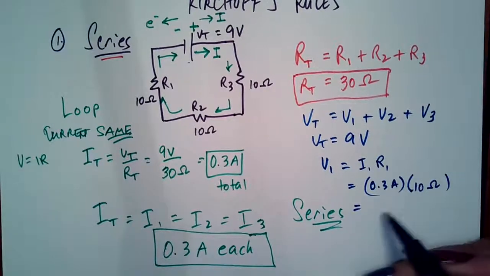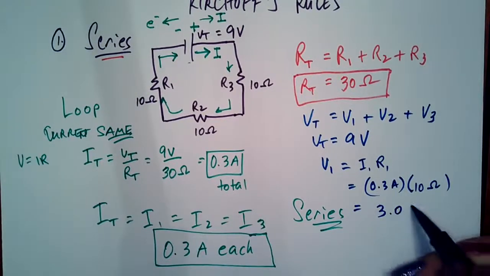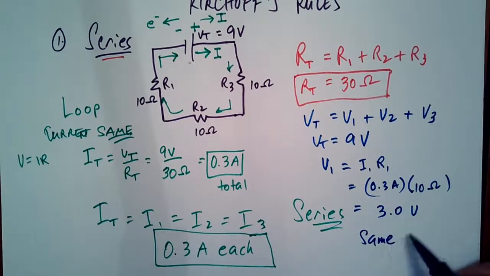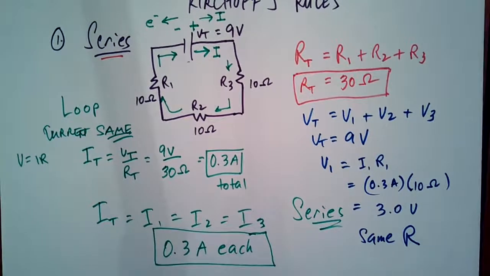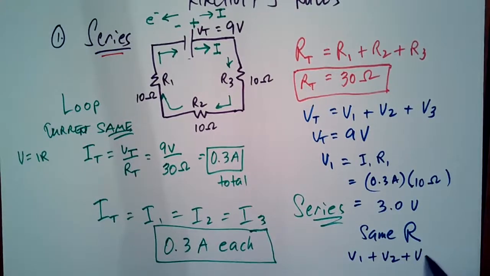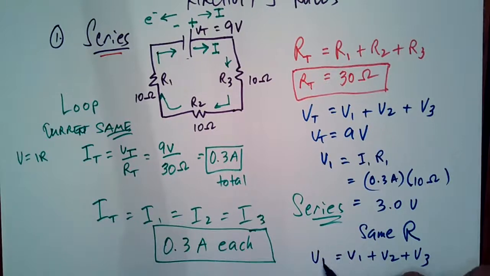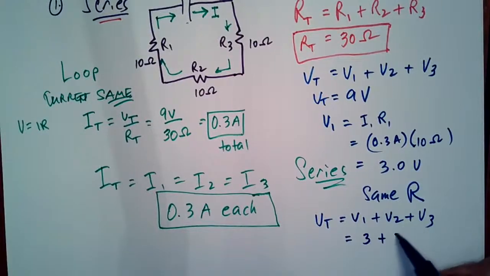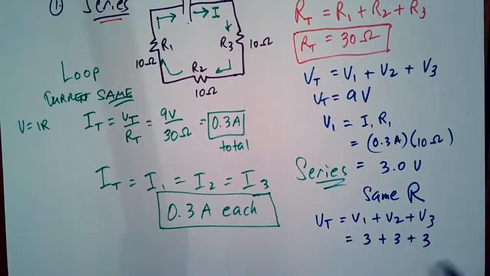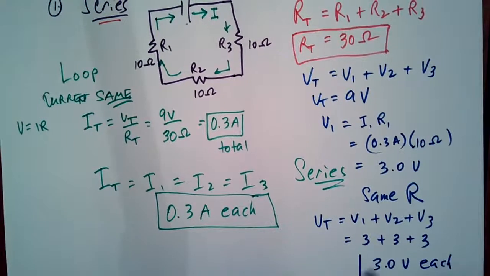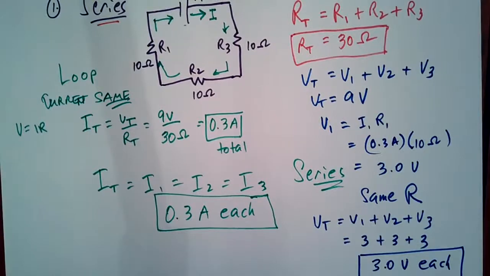So this is going to receive 3.0 volts. Because they have the same resistance, each is going to receive the same voltage. So V1 plus V2 plus V3 is going to be equal to 9 volts, and each one is getting 3 volts. So 3 plus 3 plus 3 volts. So 3 volts each resistor is what they're going to be receiving.